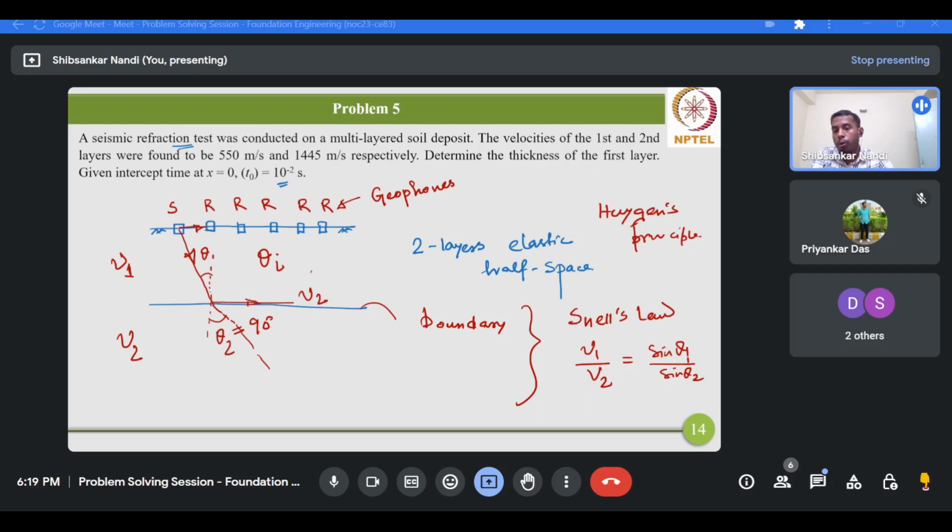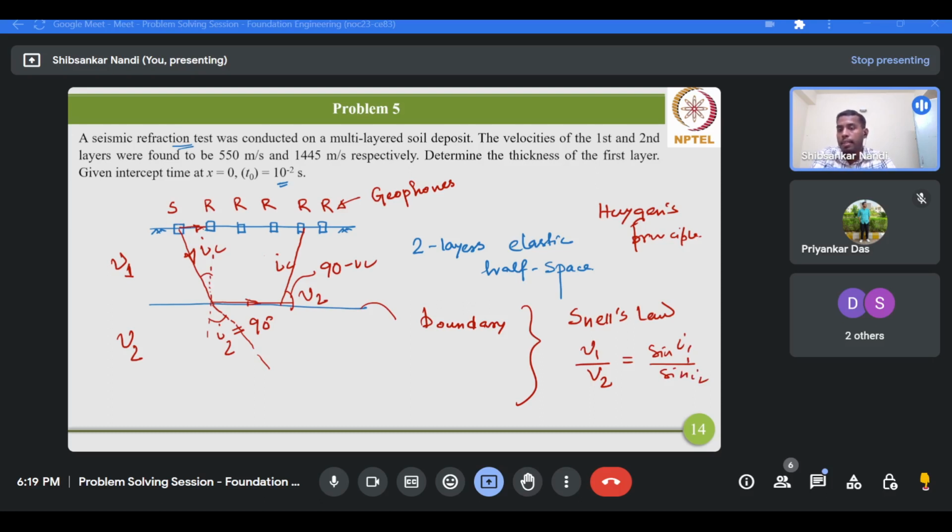Therefore, there is a chance that this wave can refract back into the upper layer at an angle of 90 degrees minus IC. You can take IC. I think I have used this notation only, so this is I1 and I. Whatever notation you use.